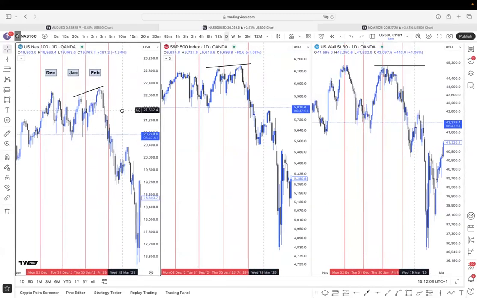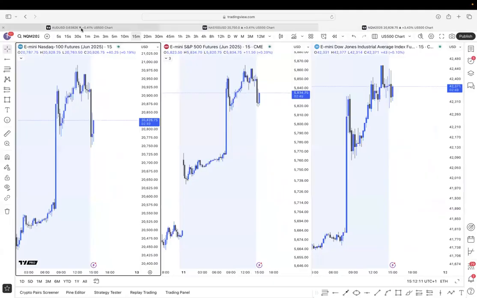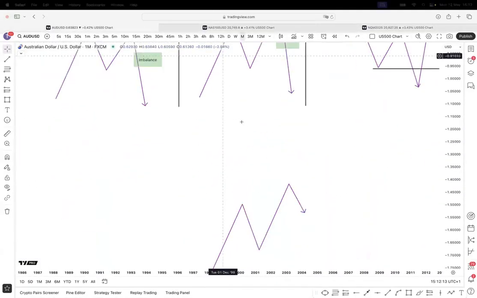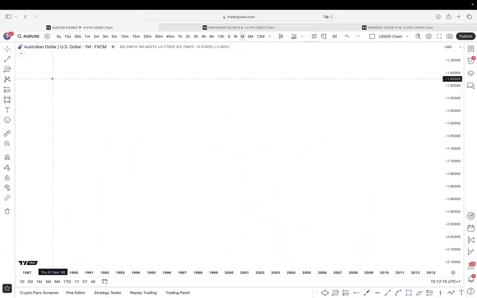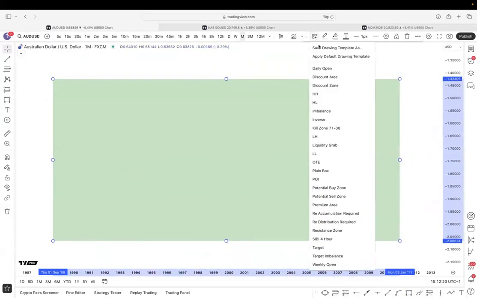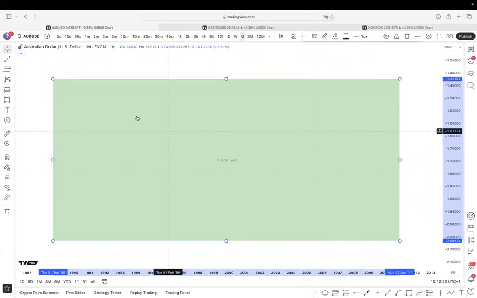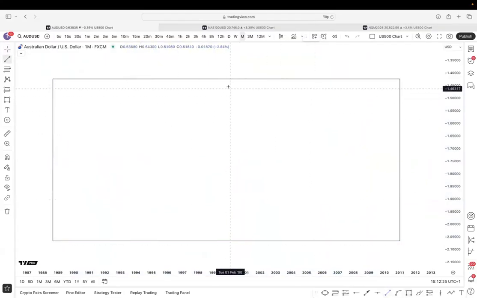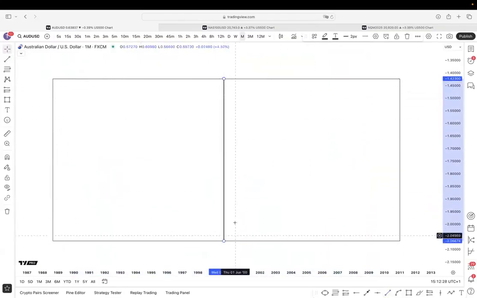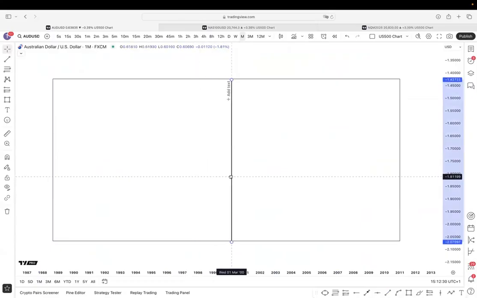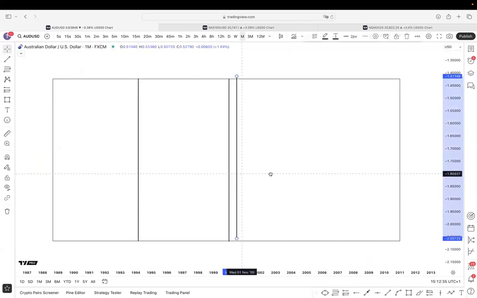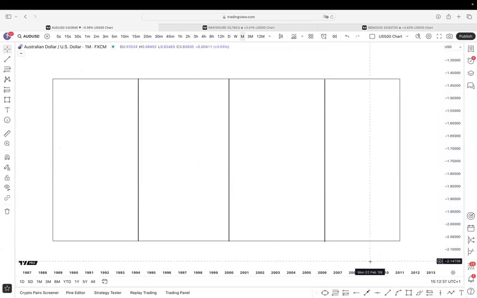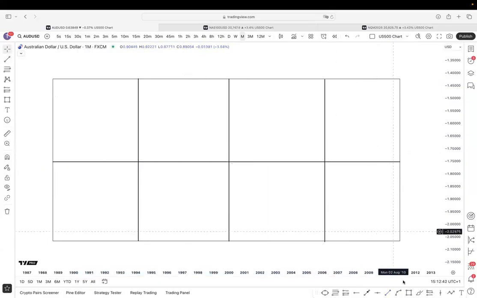Now, for reference, if I just draw something to make it a little bit easier, just to get you to understand a little bit more, if we go and build our quarterly theory box, what we're actually looking to do, and for the means of not overcomplicating it, is put two separate pairs down here.